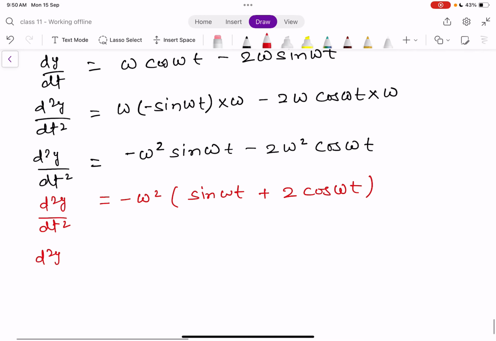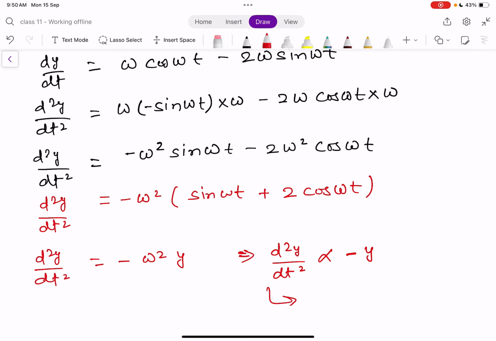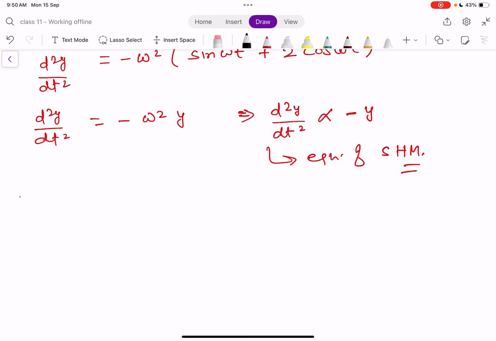We can replace this by y, and we get d2y/dt2 proportional to minus y. Again, it's an equation of SHM. So the third expression is also an equation of SHM.